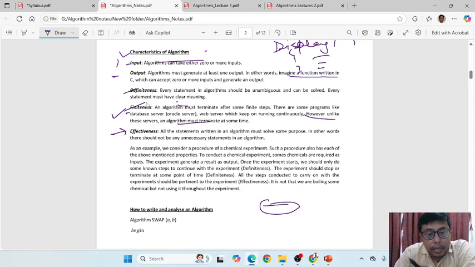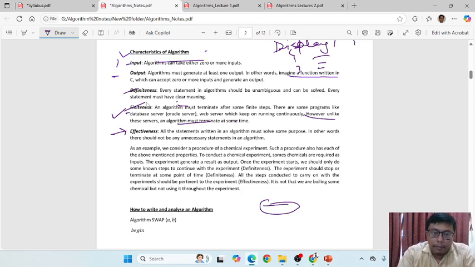A particular chemical experiment can again be written in certain algorithmic steps. So you can relate that experiment with the characteristics of an algorithm. I'm providing a related example so that you can have a clear understanding.